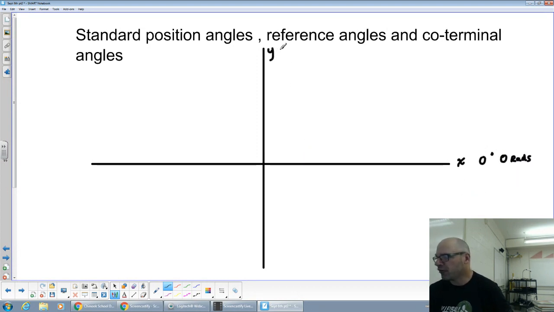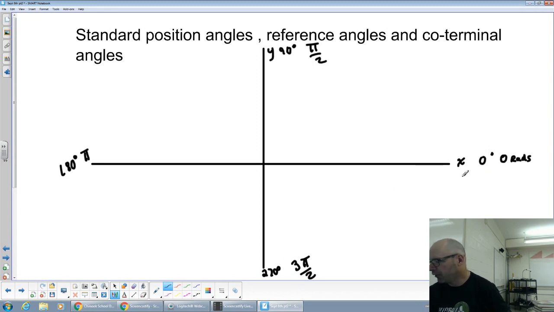As we go up, this is 90 degrees. And 90 degrees is pi over 2 rads. I'm just going to keep the rad second. This is 180. We know that 180 degrees is a pi. That's how I know half of it was pi over 2. And over here, we know this is 270 degrees or 3 pi over 2, or 1.5 pi.